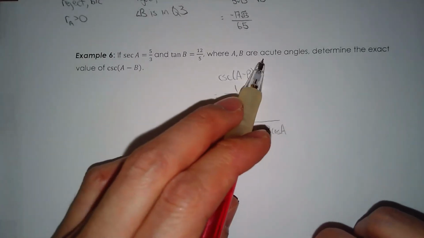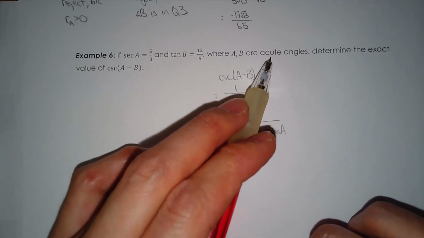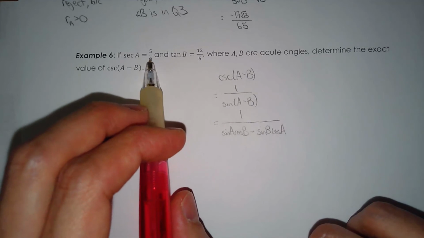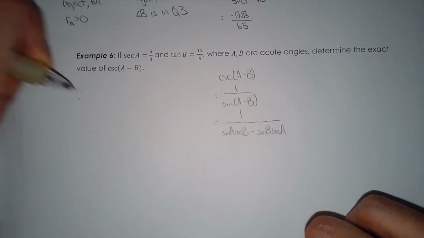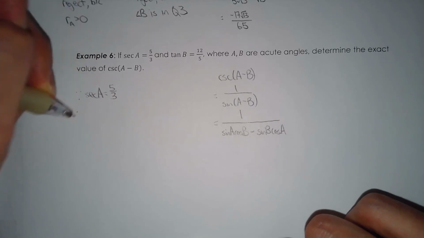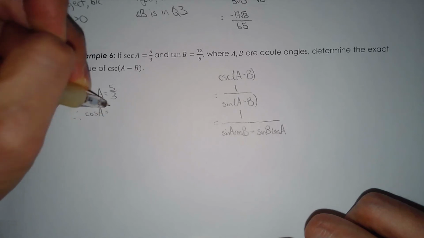A and B are acute angles. That's really nice. That means A and B are both in the first quadrant. So secant A equals 5 over 3, therefore we can say cos A is equal to 3 over 5.